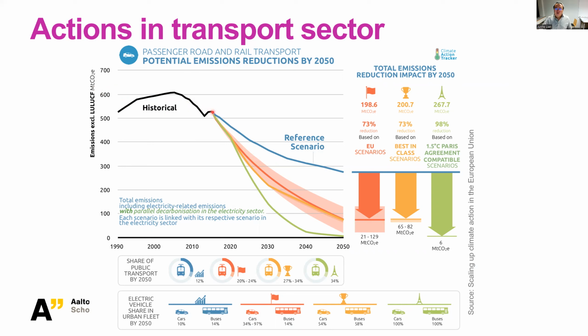If we want to reduce it, we have different scenarios. You don't need to look at all of them; it's a very detailed analysis. The reference means basically that if we don't do anything, we just let it run. We don't enforce any policies or technologies related to CO2 control or sustainable energy use.